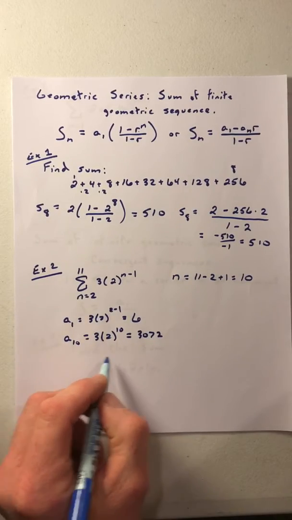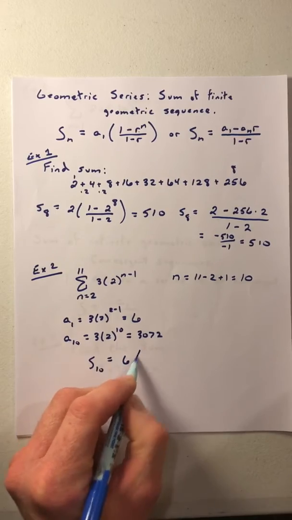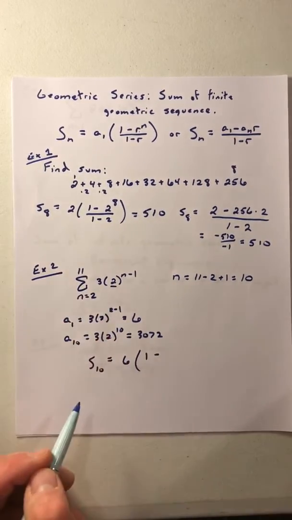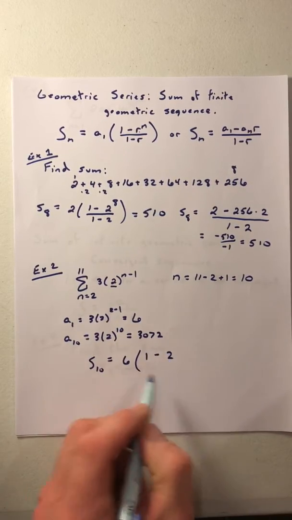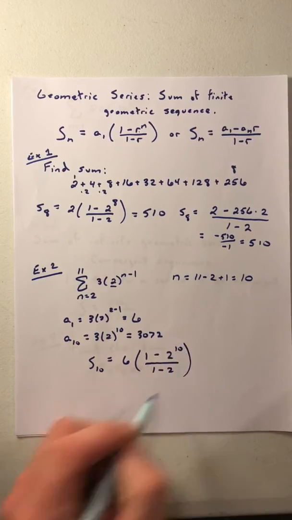So now, again, we can use either of these equations. We know the first term is going to be 6. We know the common ratio is 2. We have 10 terms over 1 minus 2.